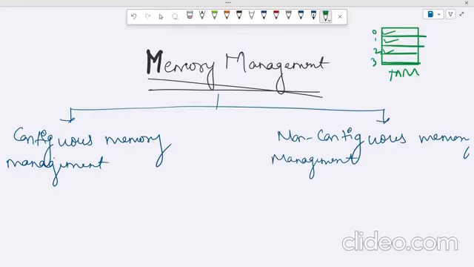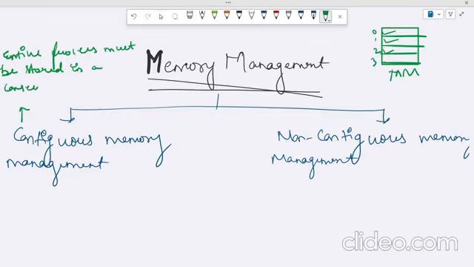If you want to write it down, you can write it like this: in contiguous, a process must be stored in consecutive memory locations.